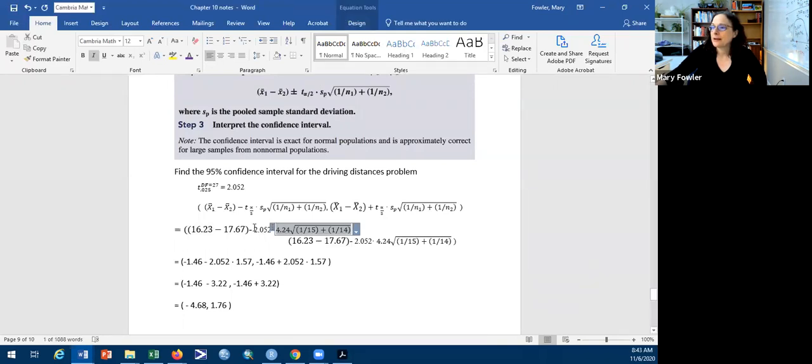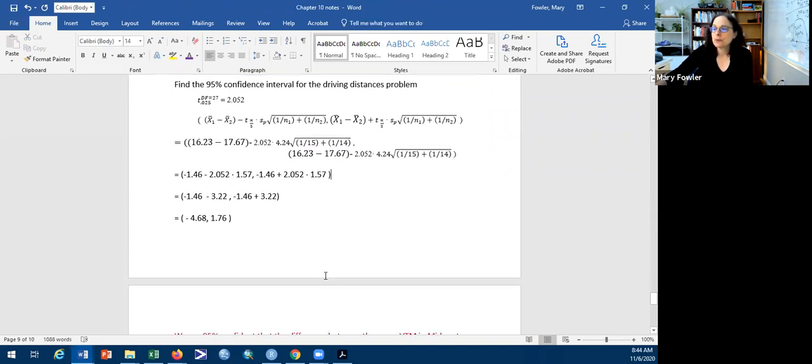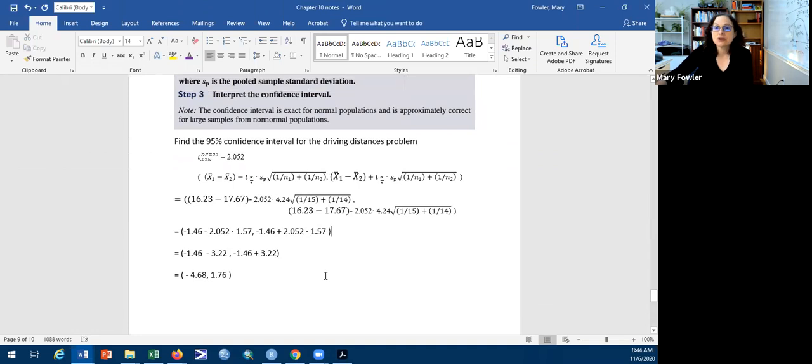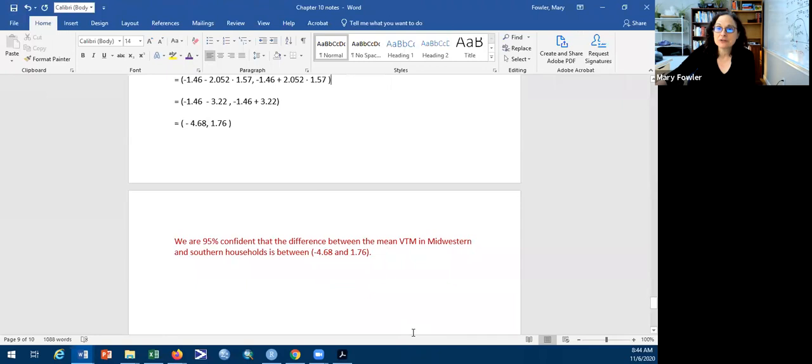And then multiply it by 2.052, that the T value, okay? It's working through the calculations one step at a time. And in the end, our 95% confidence interval is minus 4.68 to 1.76.